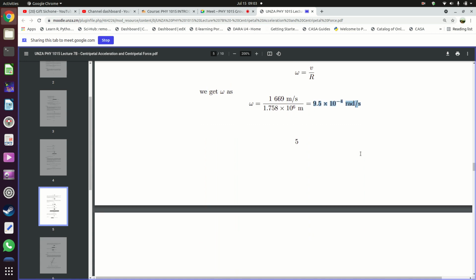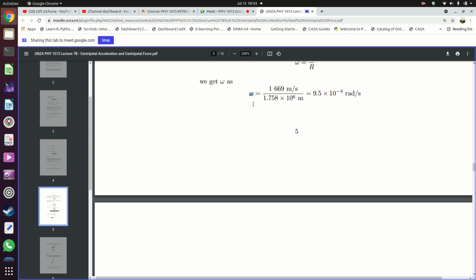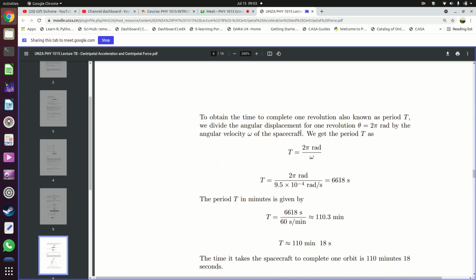Then, with this information, why do we need this? You must recall that at some point we had the relationship omega equals 2 pi f, but f is equal to 1 over T. So we can find out how much time it takes the craft to go around the moon once.